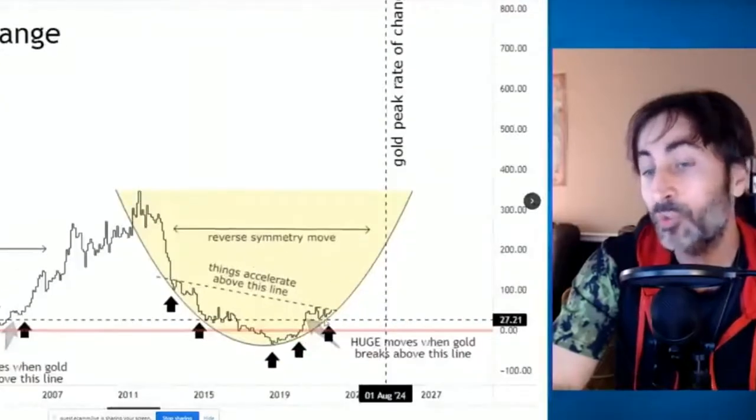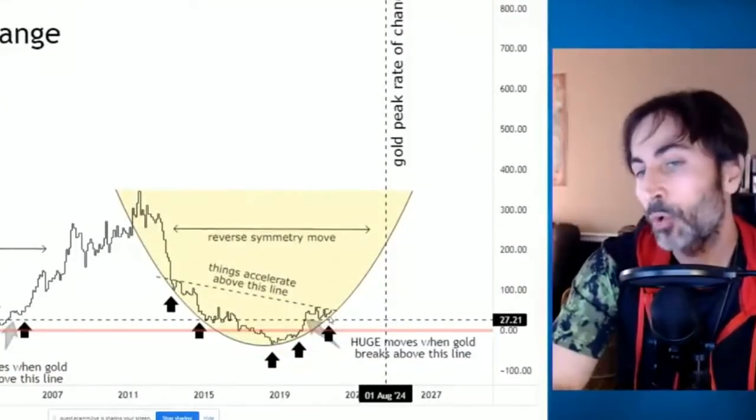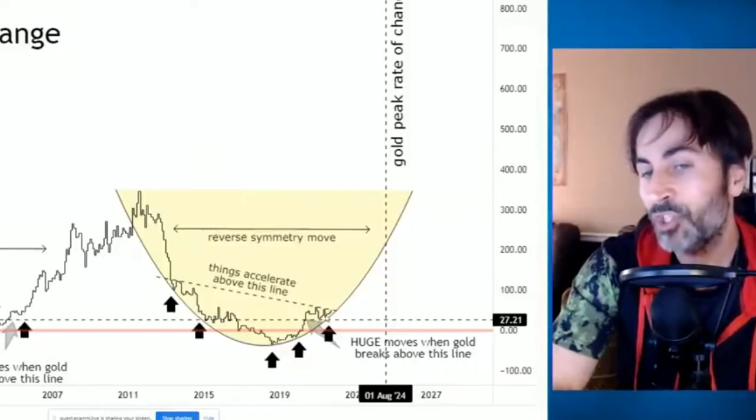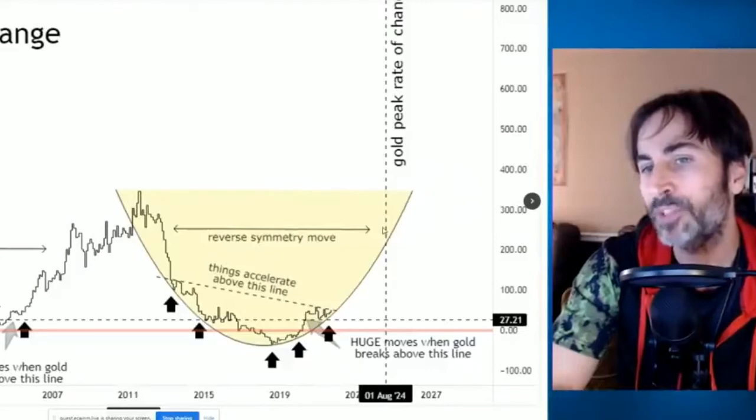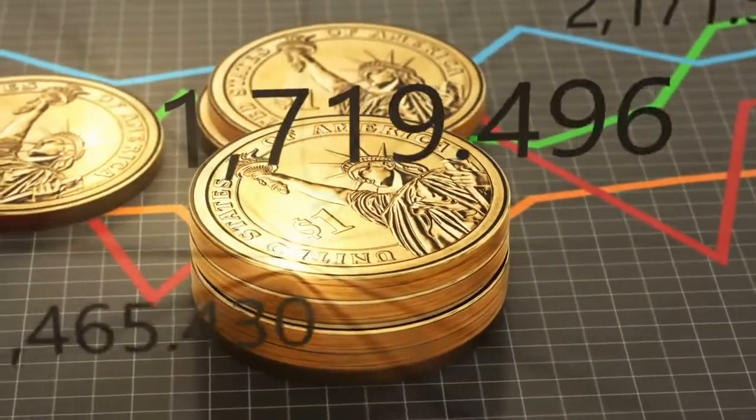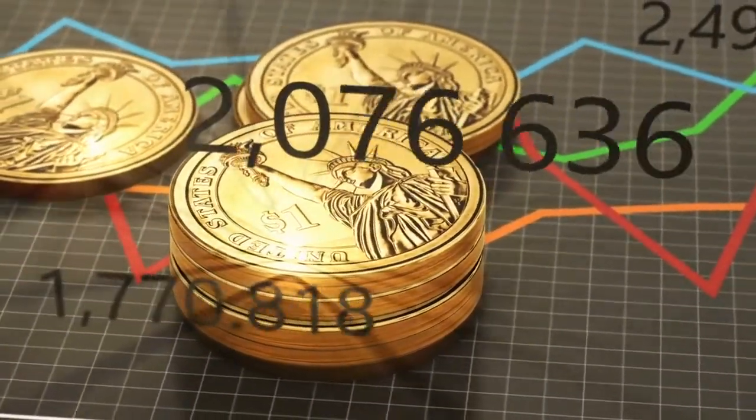We broke out and we're just retesting it. So if that arc holds, the momentum of the price action, the rate of change for gold, should keep appreciating until it's unsustainable and falls over. But you see here, if we do a reverse symmetry move in 2024, gold should be over 250% above what it was in 2017.